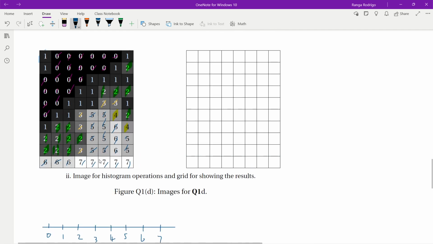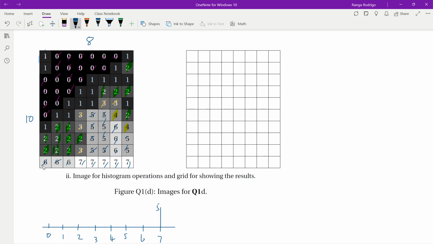You can just see with 7, 1, 2, 3, 4, 5. Now this image is 1, 2, 3, 4, 5, 6, 7, 8, 9, 1, 2, 3, 4, 5, 6, 7, 8, 9, 10. It's a 10 by 8 image, right? So there must be 80 pixels.